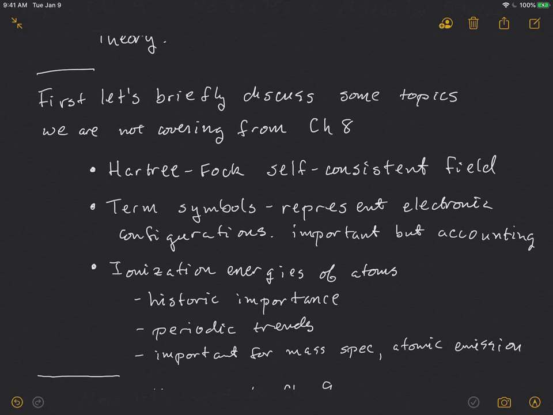Of course, it shows up in things like atomic absorption or atomic emission spectroscopy. There are all these different term symbols that correspond to the various atoms' electronic states. However, I find that it's not, from my perspective, terribly interesting per se in itself, and it's more of an accounting issue, at least from my perspective, based on the things that I like to study. Other people, I'm sure, have a different opinion of term symbols.